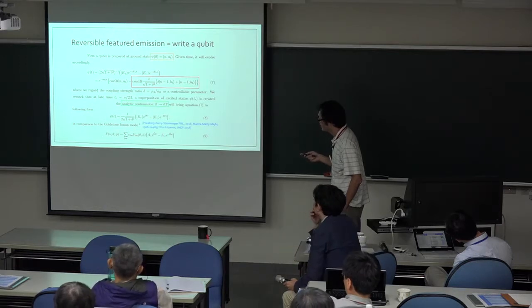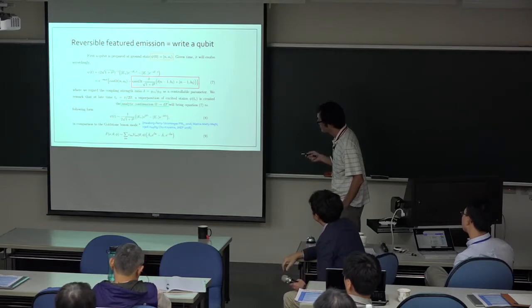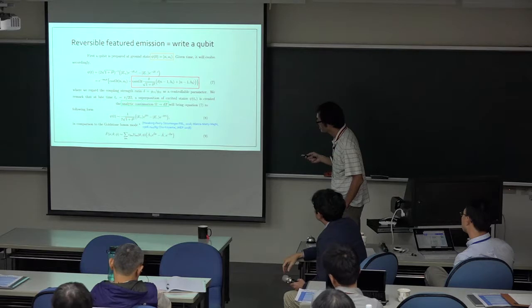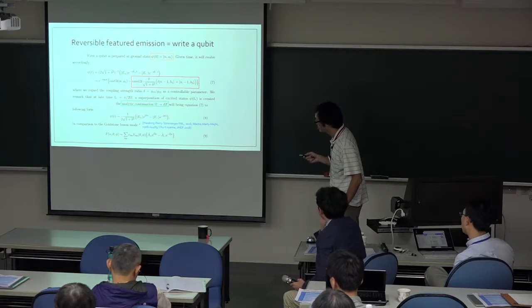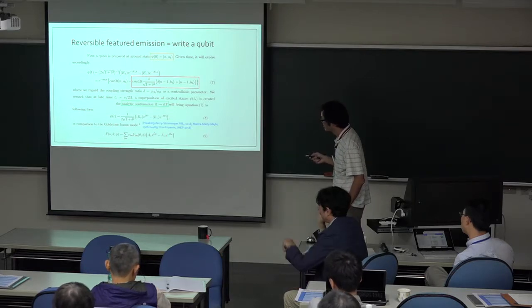This transformation has an angle-dependent coefficient here, and so different features are actually stored in this coefficient. So the superposition can produce a different transformation. And they have two modes.